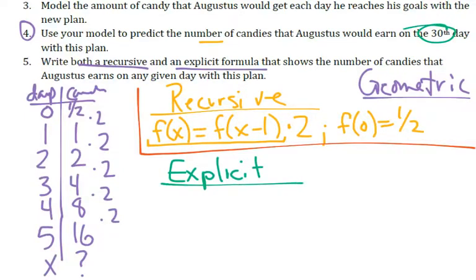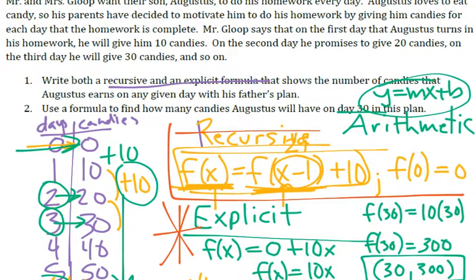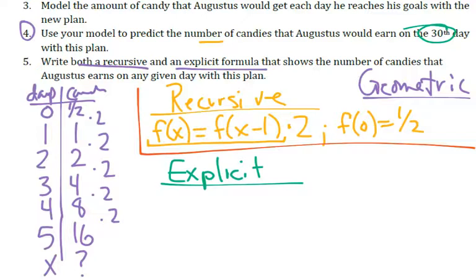So with the explicit, we treat it kind of the same way we did this slope-intercept one. Okay, it's kind of the same way, except the difference is instead of adding, we're multiplying. So the way we write the formula is a times b to the x, where a is the start number, also known as the y-intercept, and b is the growth.